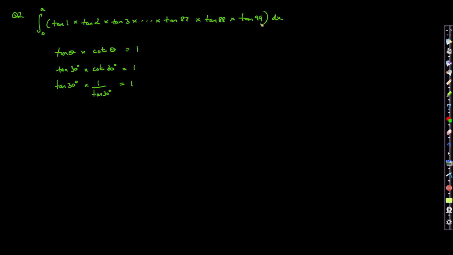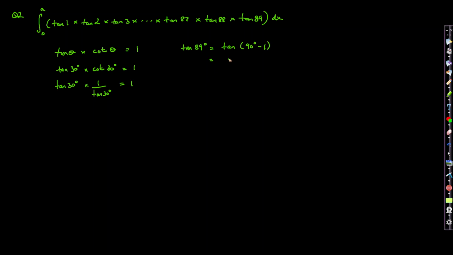Okay, so that should be 89 there, not 99, by the way. Perhaps one more clue on this. If you take the tan of 89, that can be considered the tan of 90 degrees minus 1.